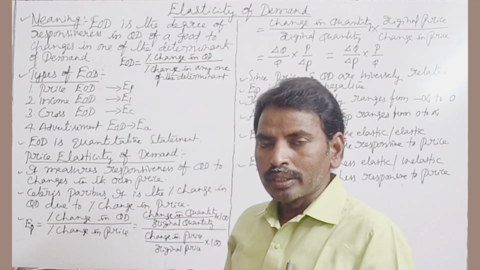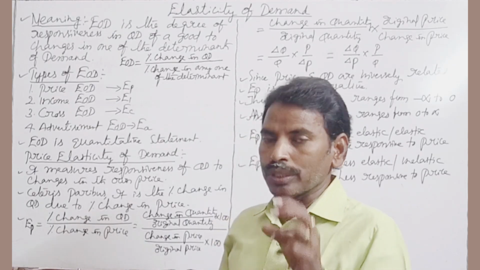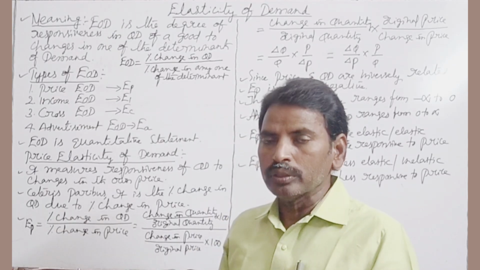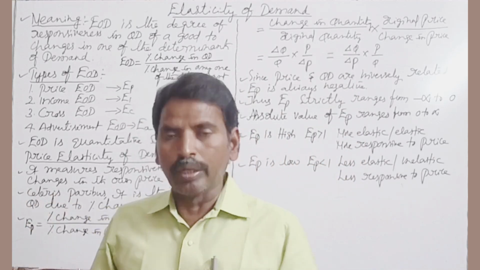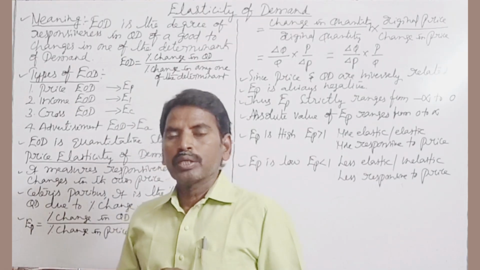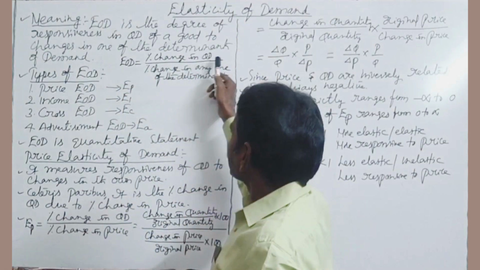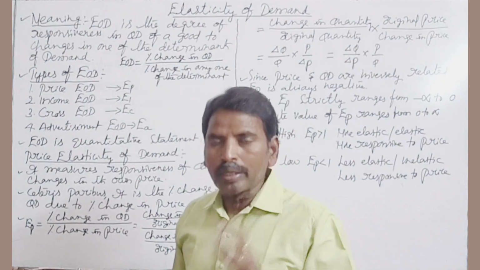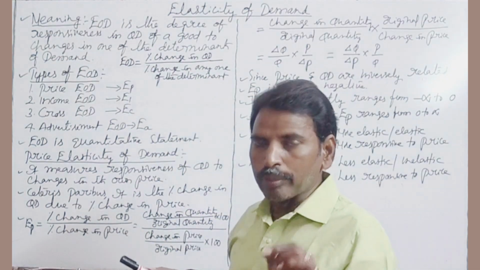Once again, elasticity of demand is the degree of responsiveness in quantity demanded of a good to changes in any one of the determinants of demand. So elasticity of demand is equal to percentage change in quantity demanded divided by percentage change in any one of the determinants of demand.